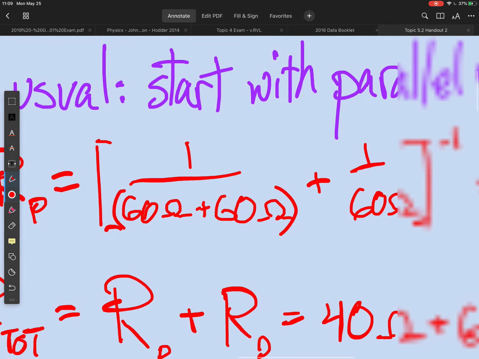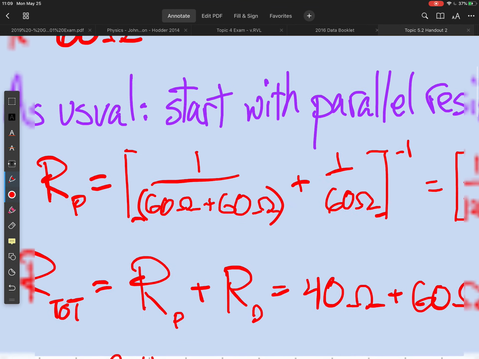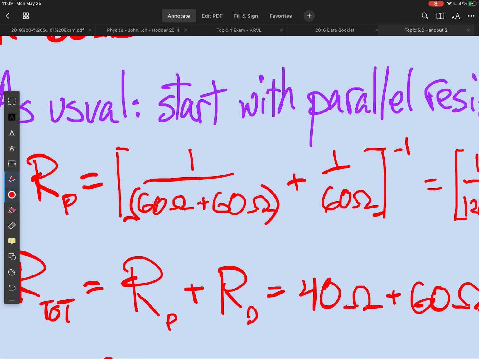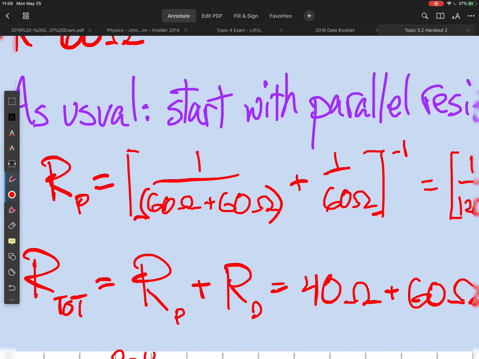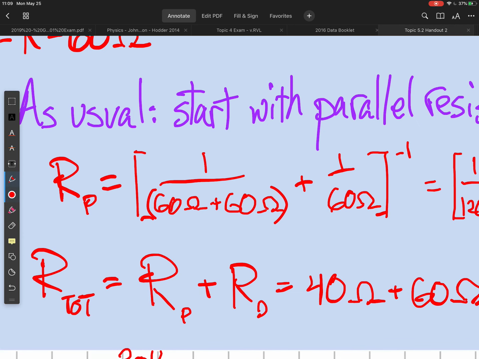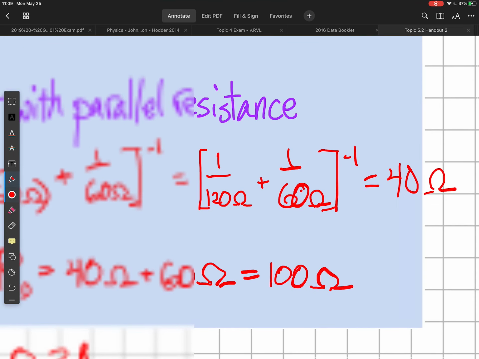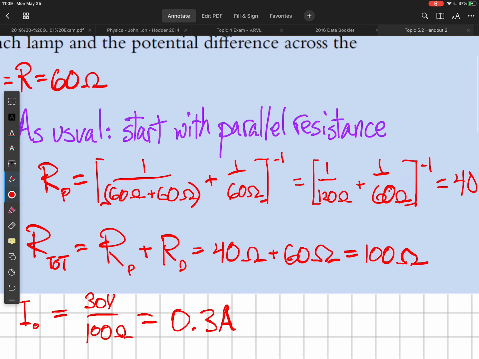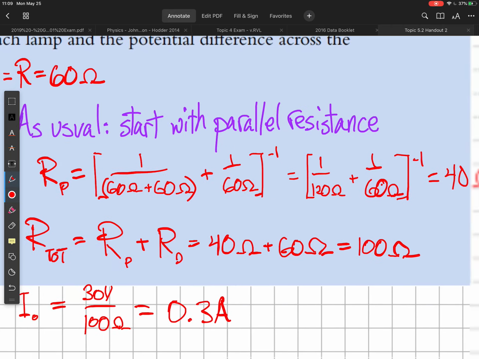We then add our other parallel component, which is just 1 divided by 60 ohms, and we take the inverse of that total quantity, and we get a total resistance of 40 ohms. So our parallel resistance is equal to 40 ohms.